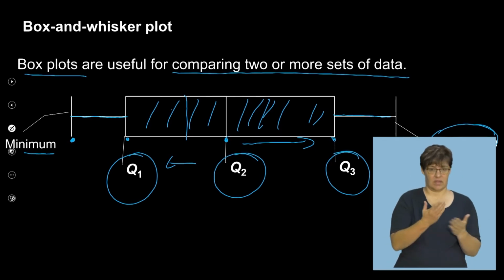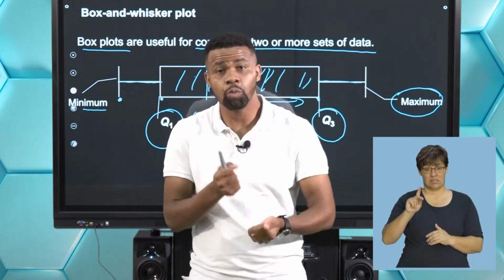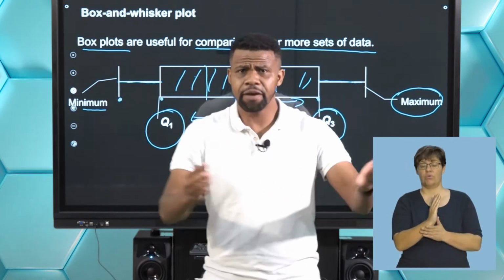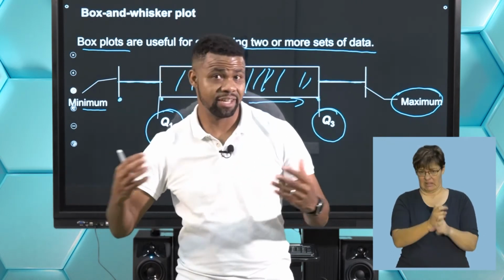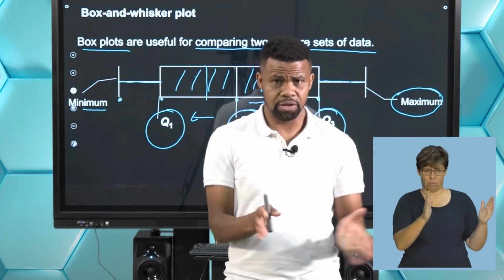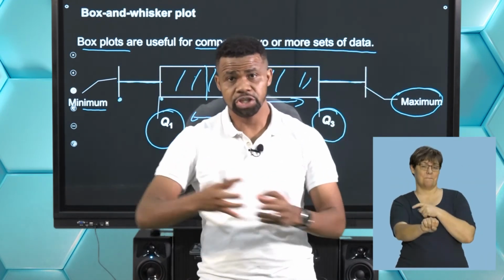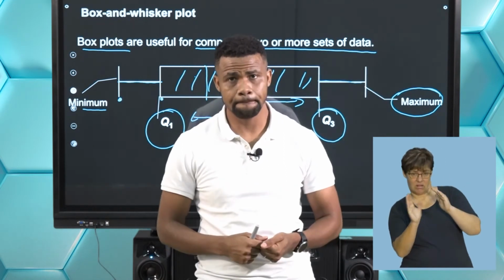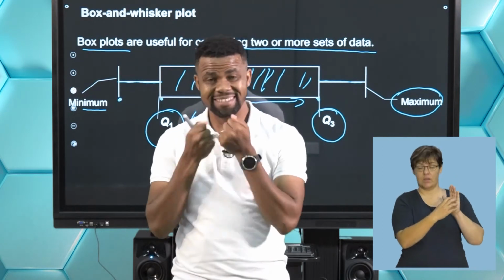So we can see skewness if we have drawn the whisker plot. That's another way. If you have data, it might be difficult, especially with big data, to tell whether the data is skewed to the left or right or symmetric. So a whisker plot is a useful way to tell the skewness. Now let's look at drawing one using raw data.